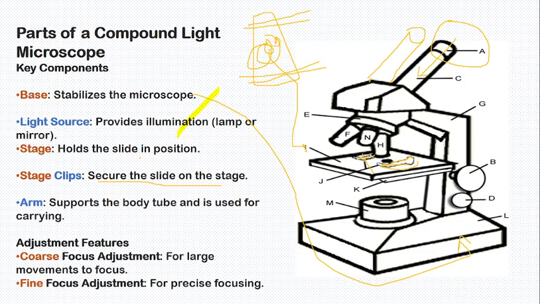Continuing with the arm: the arm is here. When you are going to take the microscope, you hold it like this. Remember to carry the microscope with two hands, not one. This part is called the arm. Its function is to support the body tube, and it is also used for carrying.